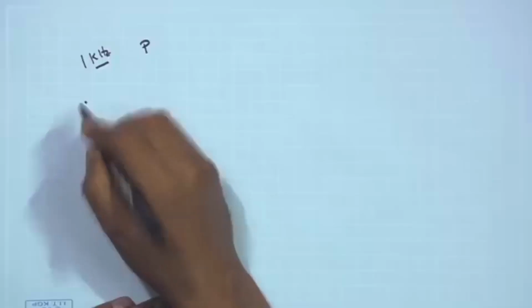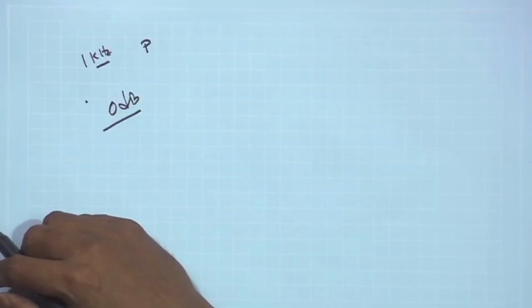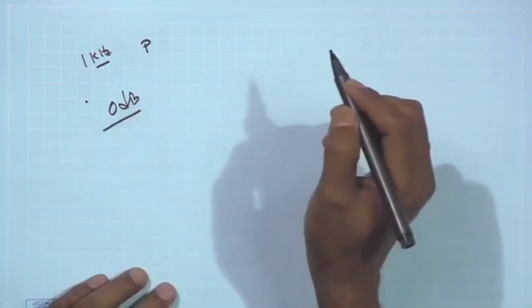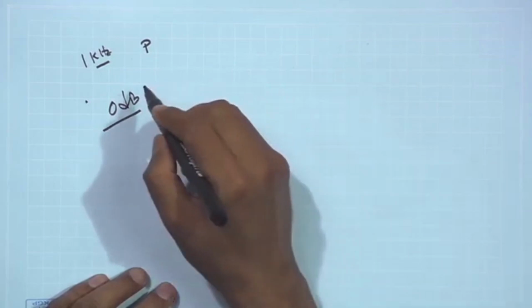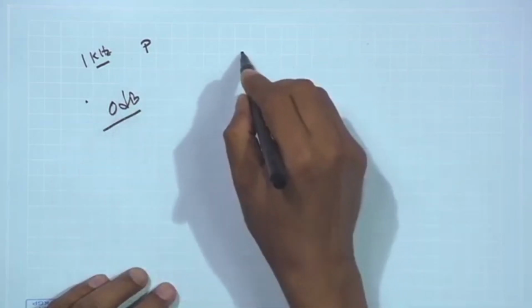Let us define the frequency for which the threshold of hearing is 0 dB. So, 0 dB is the threshold of hearing, the decibel level for the sound intensity required to create the sensation for a 1 kilohertz signal.